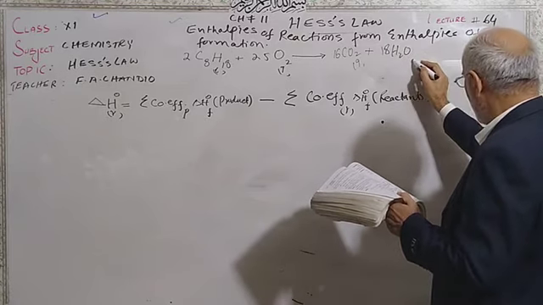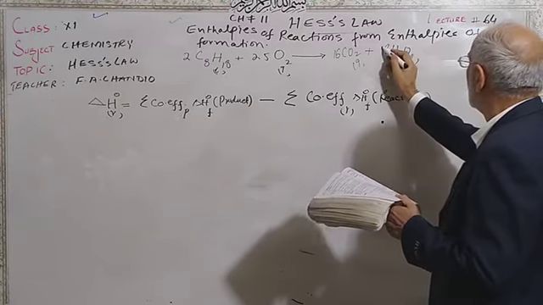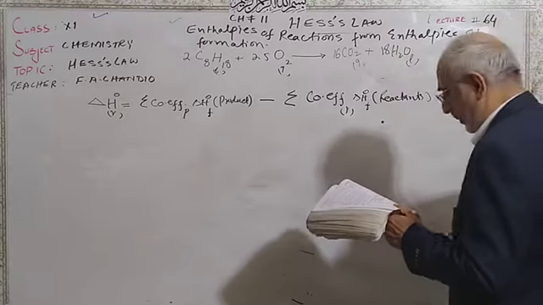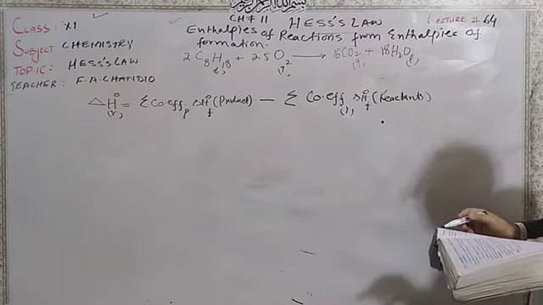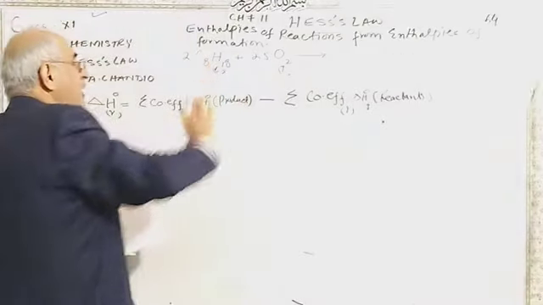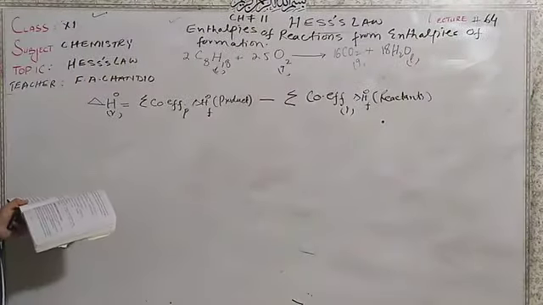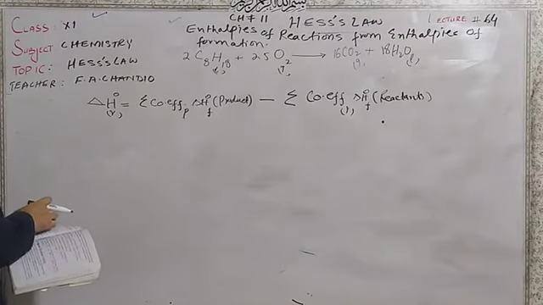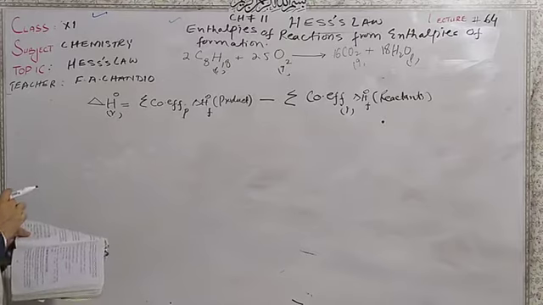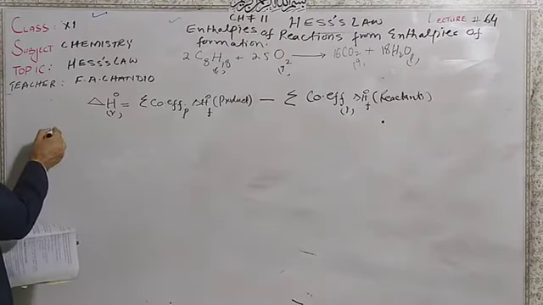And 18 moles of water, according to the balanced chemical equation. So calculate the change in enthalpy of this reaction. Values will be provided for you. All the values are given and you have to put them in.